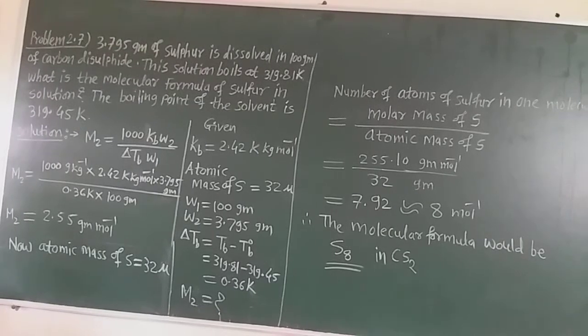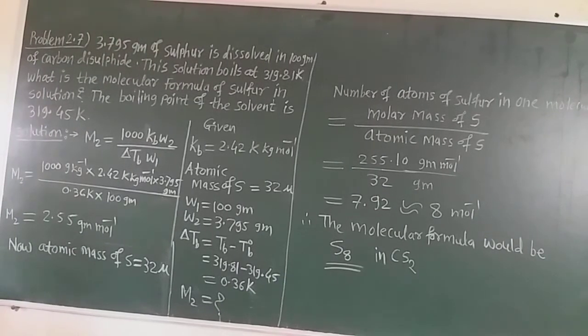Here we have to first calculate the molar mass of the solute, and from the molar mass we have to calculate the number of molecules present in that molar mass of the solute, and after that determine the molecular formula of the solute. This is a very important problem. Such types of problems are definitely asked in the examination.